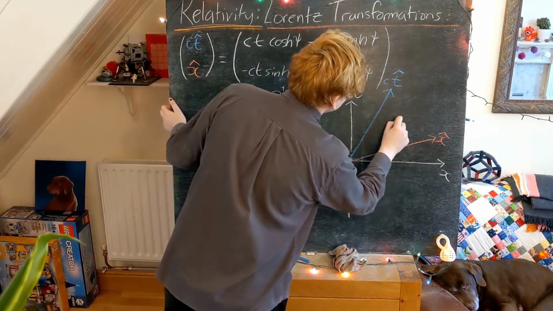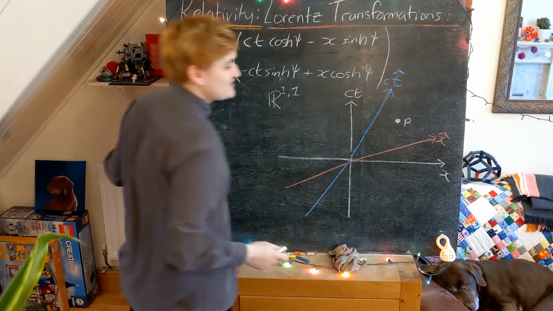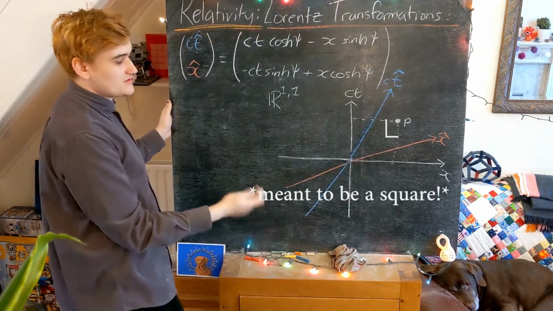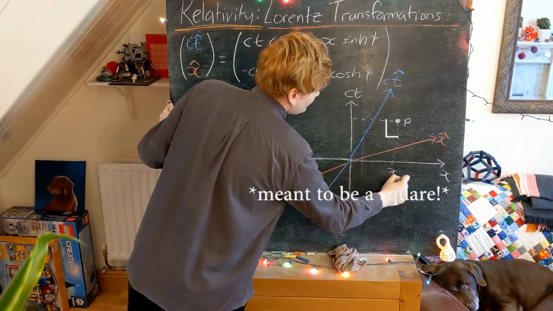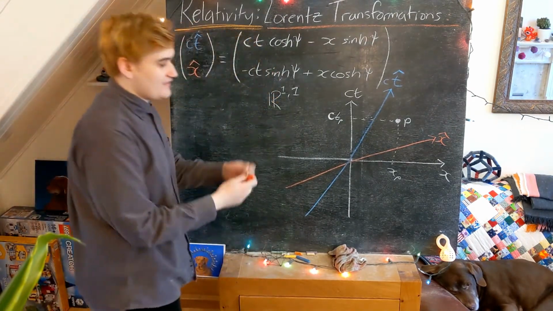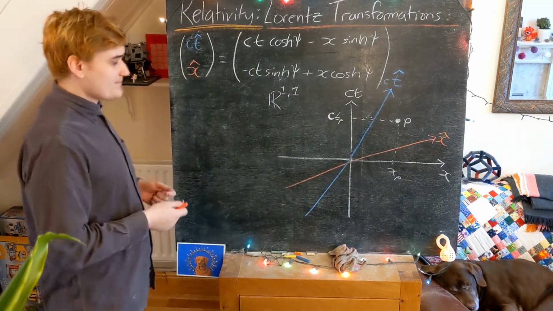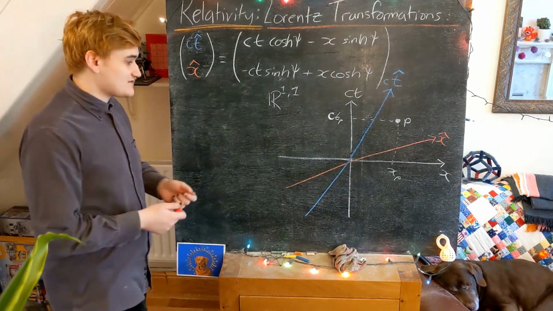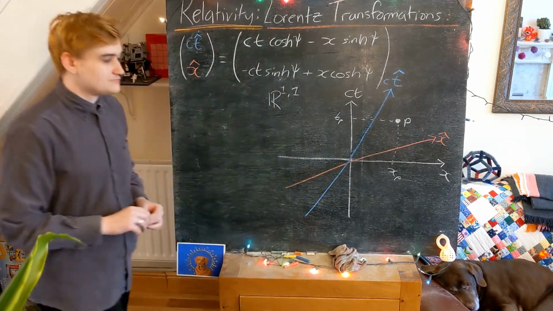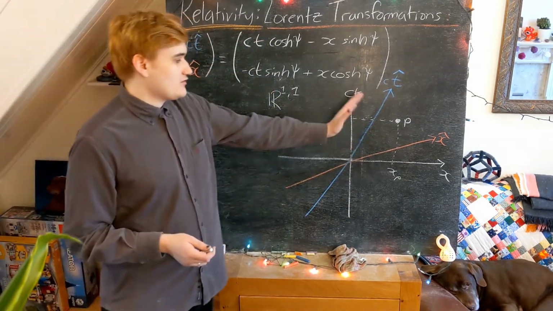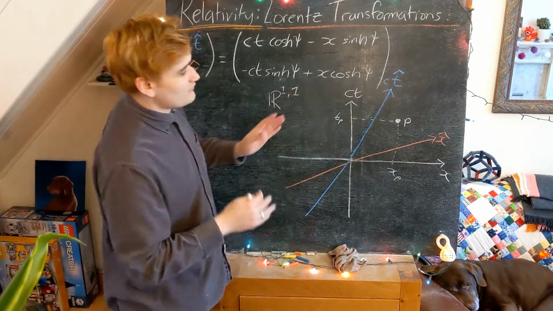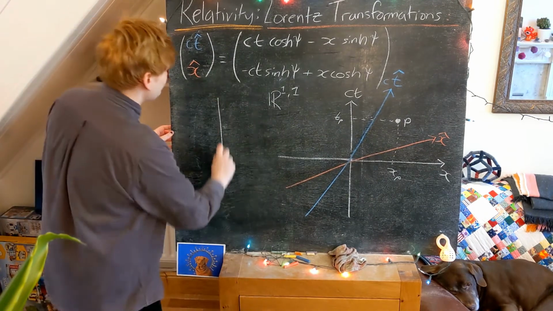If we take any point P in our space-time, if we look at its unboosted coordinates, it might be, say, xp, tp, but then the coordinates in the boosted frame are going to be a completely different set of numbers, and in fact they're going to be measured in a slightly different way. So what happens when we draw non-orthogonal axes like this is we have to now realise that we're not working with a Cartesian grid anymore.